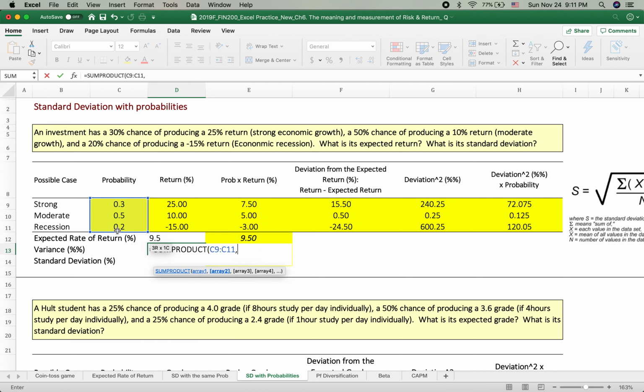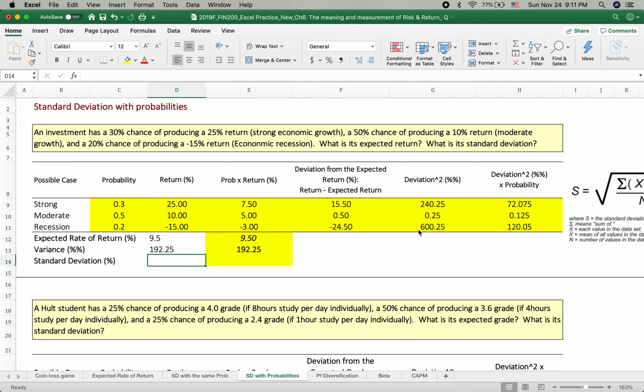We can also calculate SUMPRODUCT of the probability and the squared deviation. We match these two columns. The weighted average squared deviation is the variance. But that variance cannot be used to measure the deviation from this expected rate of return.